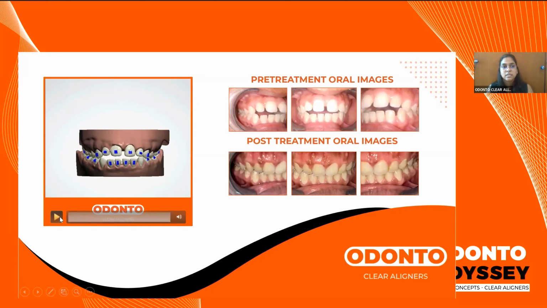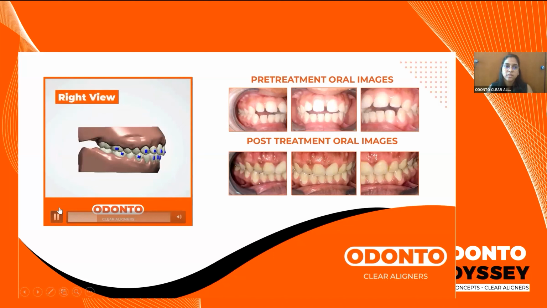Now, in these cases, on the setup that you receive, you might receive an overcorrected simulation. This is something that we program into the treatment plan that we send you, which is why you will have a deep bite at the end. And you might wonder, I don't want such a deep bite, but why has so much correction taken place?